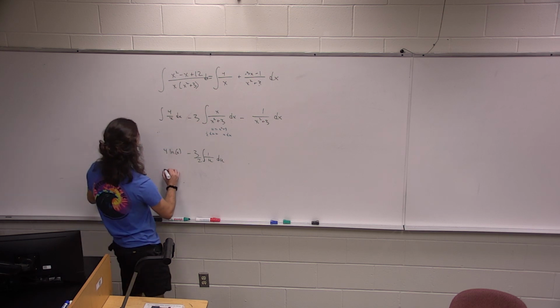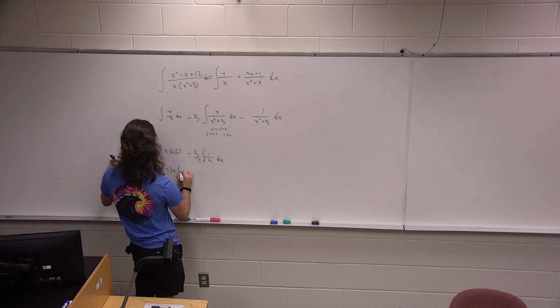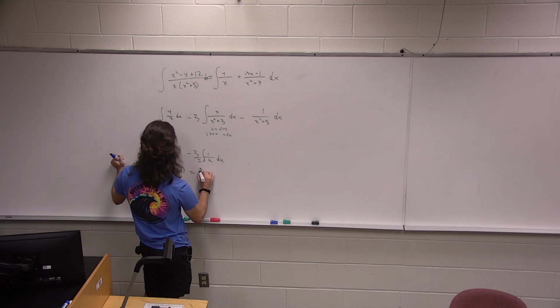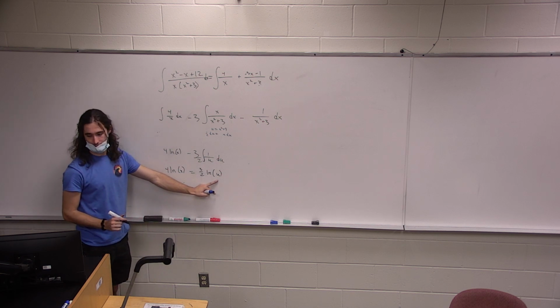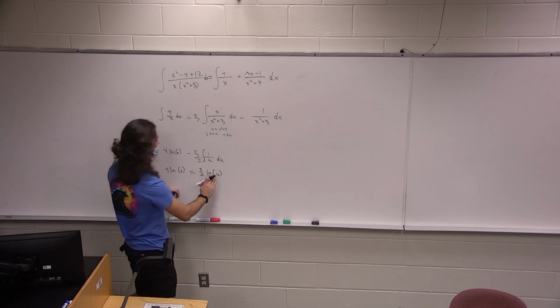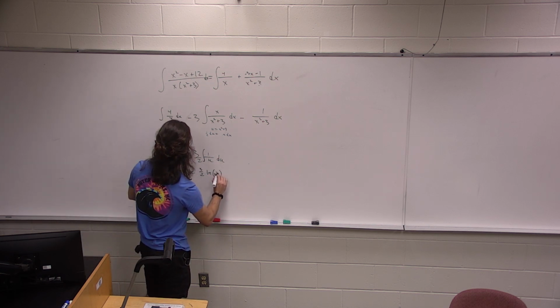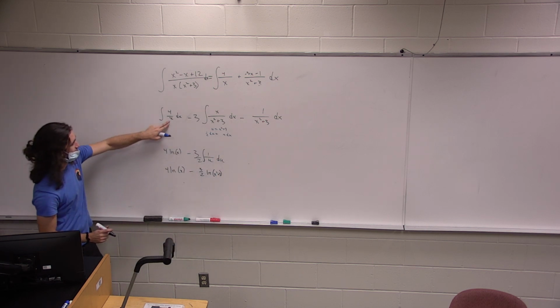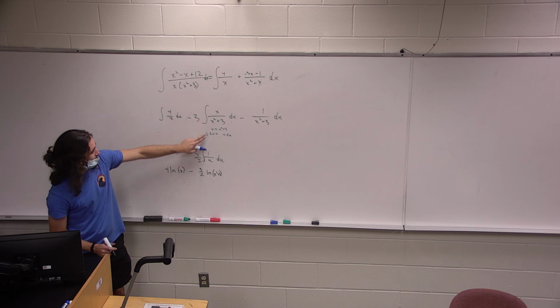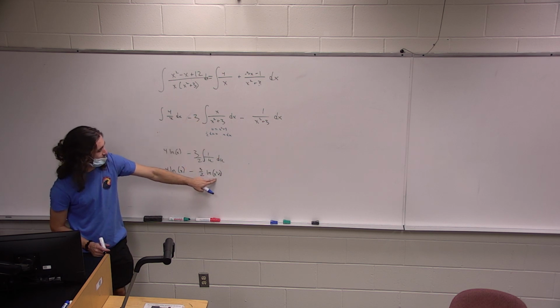That's right. So this is actually ln of u, and then u is actually x squared plus 3. So there you go. This integral is 4 ln x. This integral is 3 halves ln x squared plus 3.